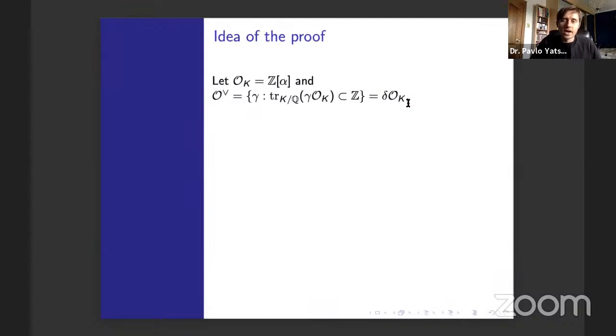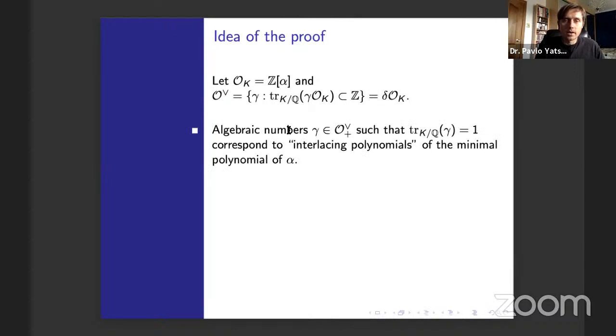Now if we have units of average signature, we can make sure that this delta is going to be totally positive. And so now we correspond all the elements in the codifferent of trace 1 to certain interlacing polynomials of the minimal polynomial of alpha.